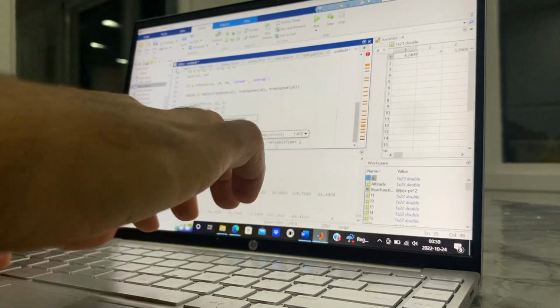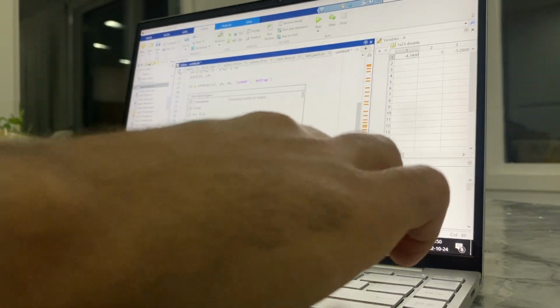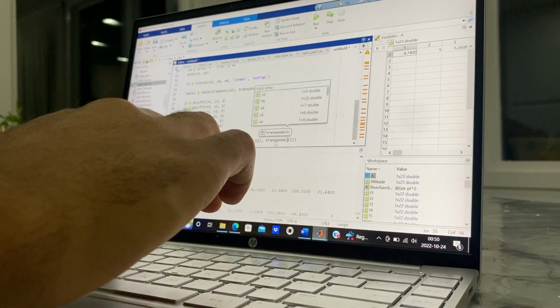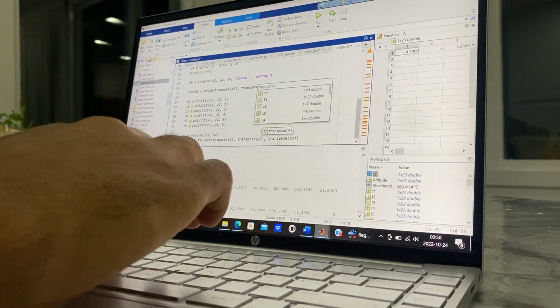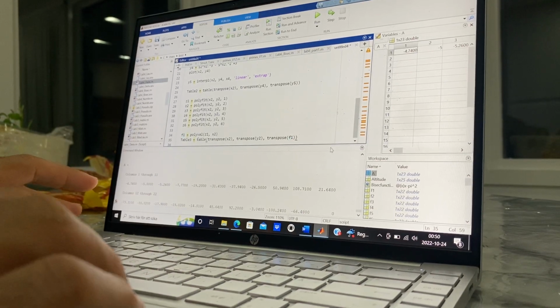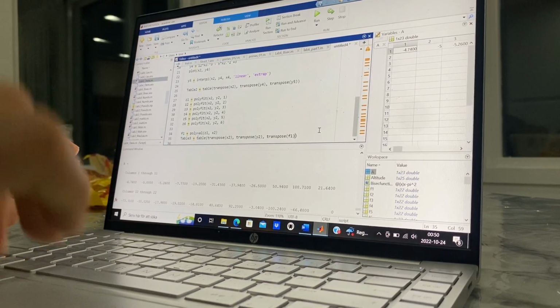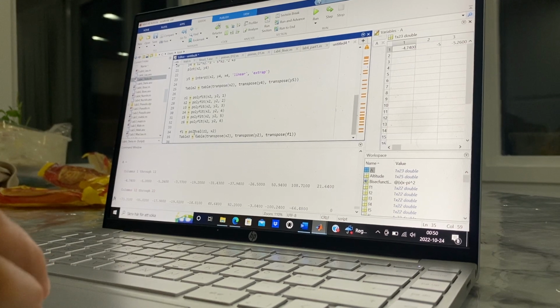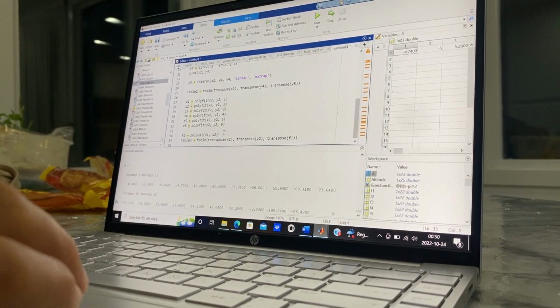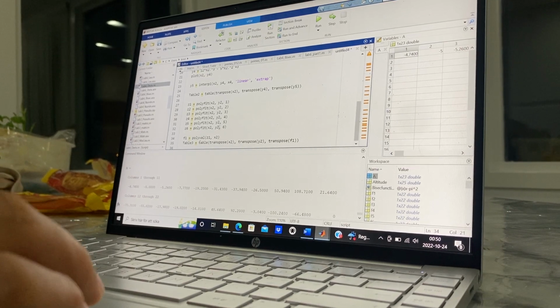Then I will transpose the F1, which is this one here, F1 for polyval, Z1 x2.